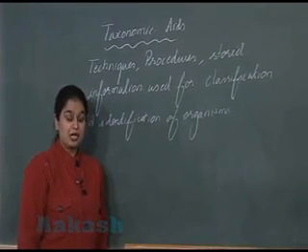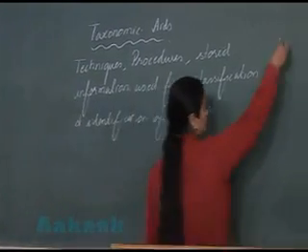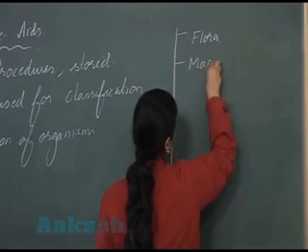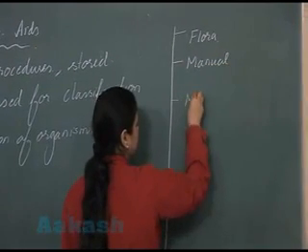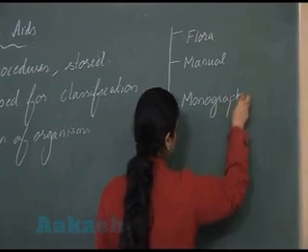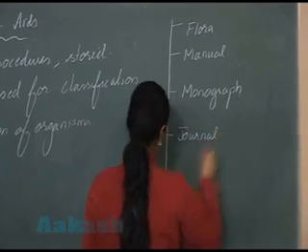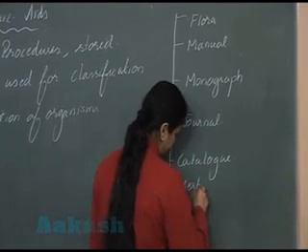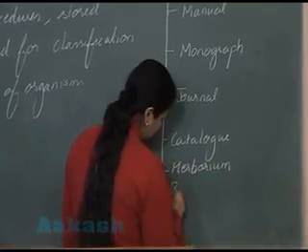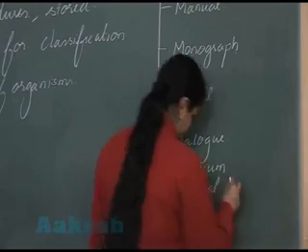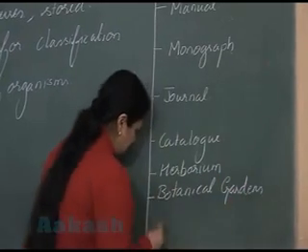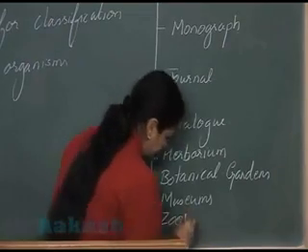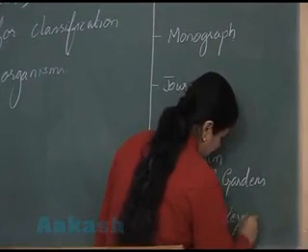For future reference. Now here I am going to describe a few taxonomic aids like flora, manual, monograph, journal, catalog, herbarium, botanical gardens, museum, zoological parks, zoos and taxonomic keys.